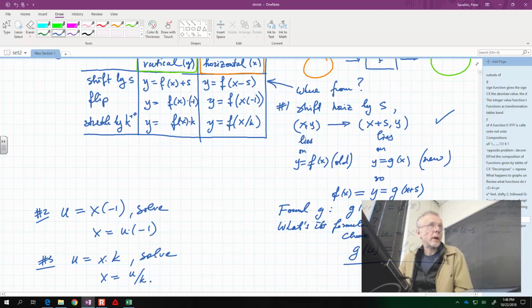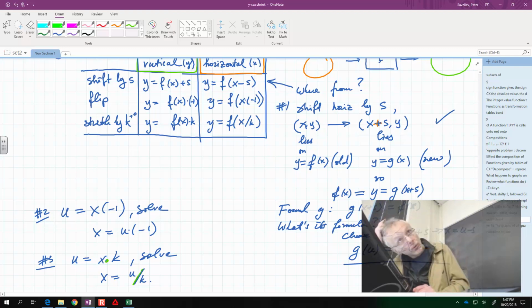Solve, and we have x is equal to u divided by k. So that's the very simple reason why we end up with these seemingly weird operations, because at some stage we have to solve an equation. You can see what has happened: addition had turned into subtraction, and multiplication had turned into division, as always happens when you solve equations.